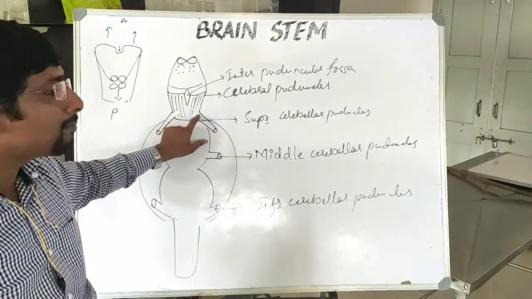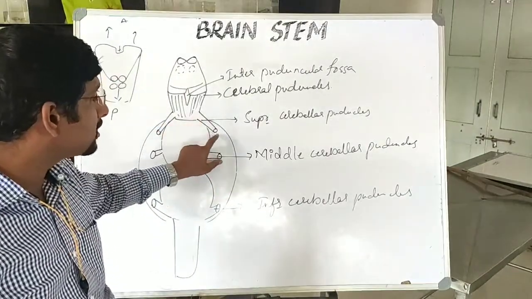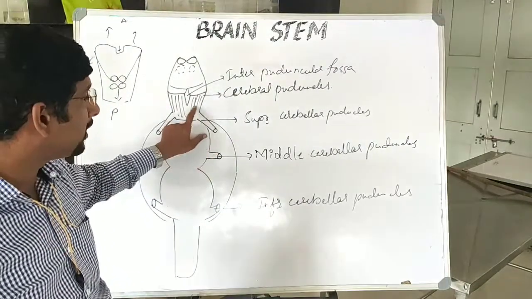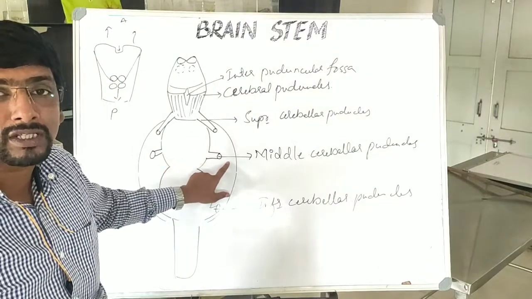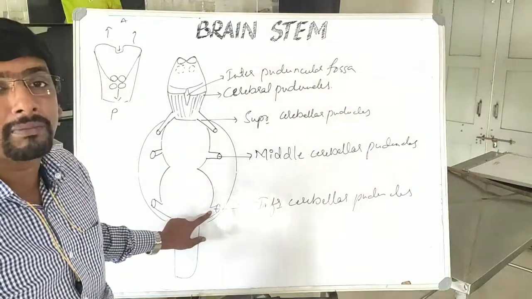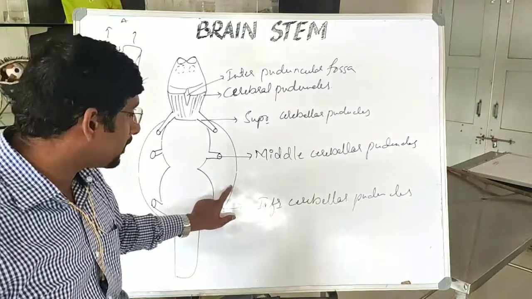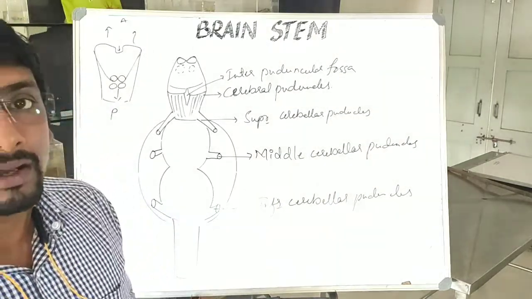In total there are 3 cerebellar peduncles: superior cerebellar peduncles from the midbrain to the cerebellum, middle cerebellar peduncles from the pons to the cerebellum, and inferior cerebellar peduncles from the medulla oblongata to the cerebellum.